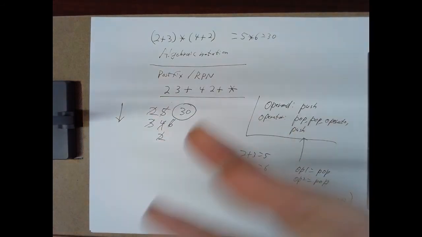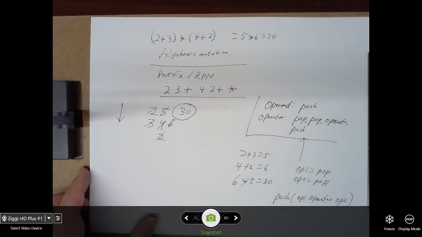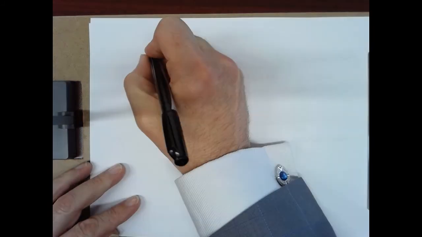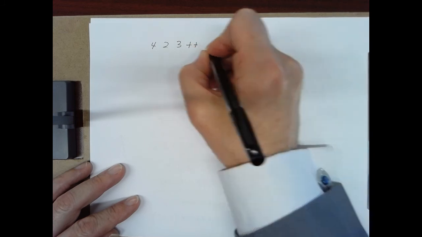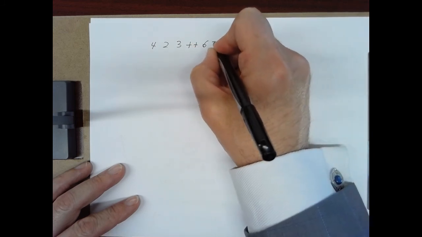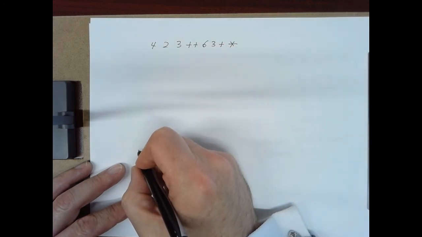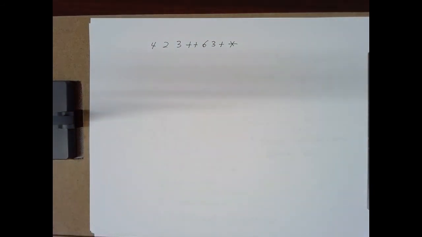All right, and this works for any postfix notation, no matter how complex. So if you had an expression like, I think that works, 4, 2, 3, plus, plus, 6, 3, plus, times.